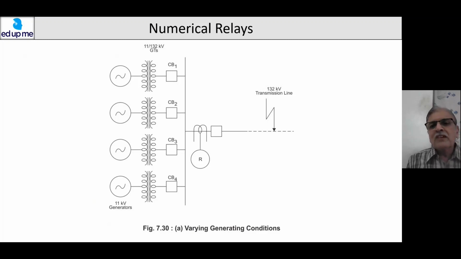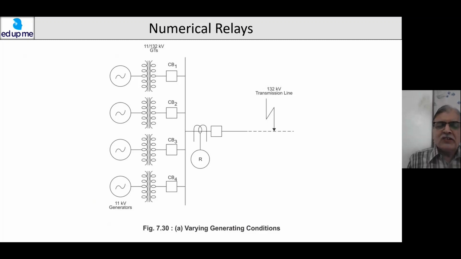Then the current passing through the 132 kV transmission line will change. It will be less, and if it is less, then your plug setting has to change. Not only that, but the fault current will also be different. Therefore the time multiplier setting will also be different.